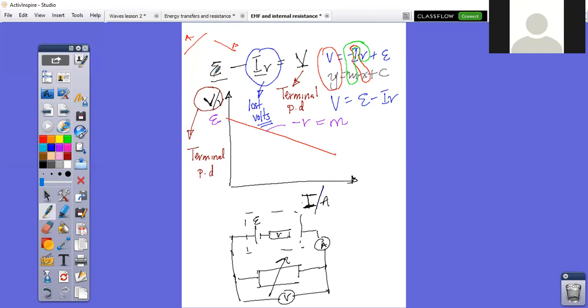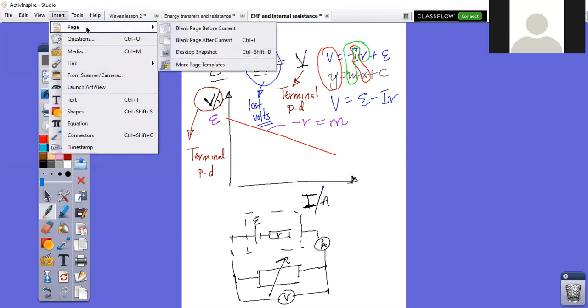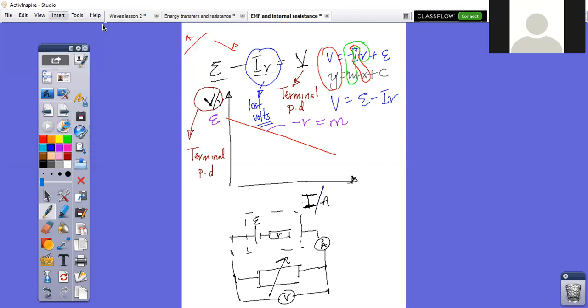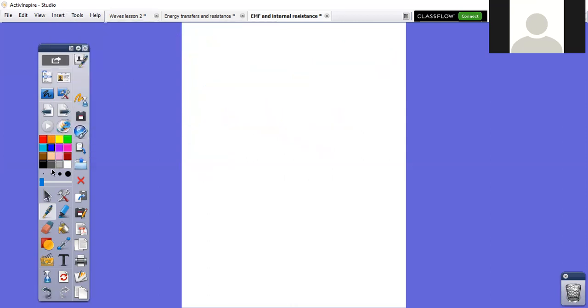Yes, sir. Excellent. Now, let's move on to another idea here, which is to do with power dissipated when you have got a non-ideal cell.